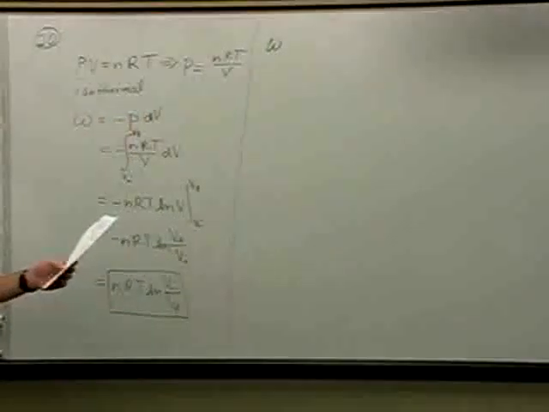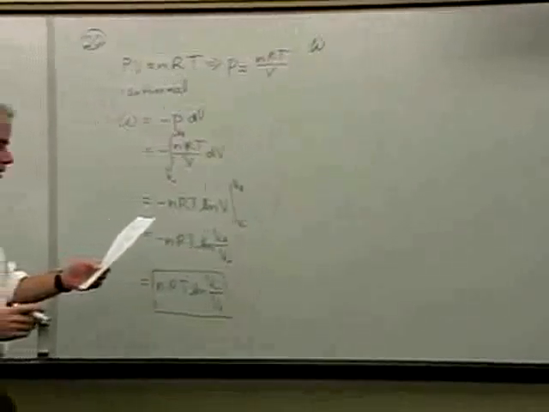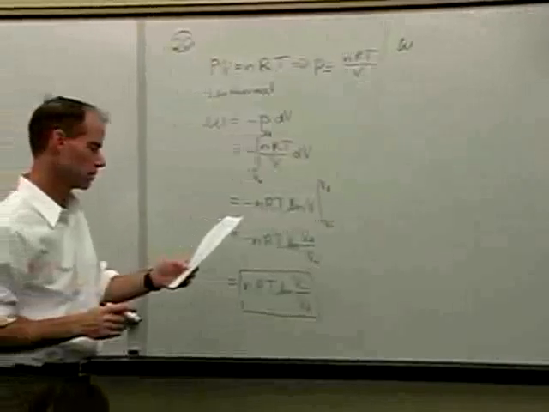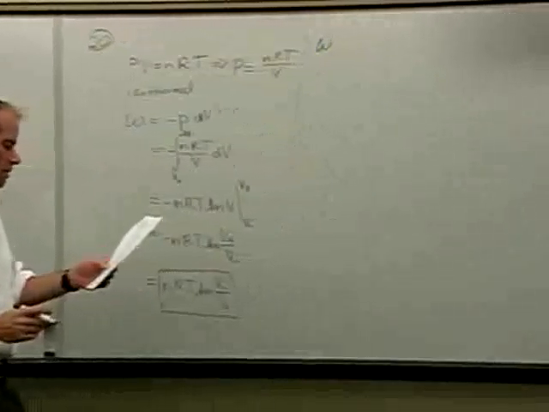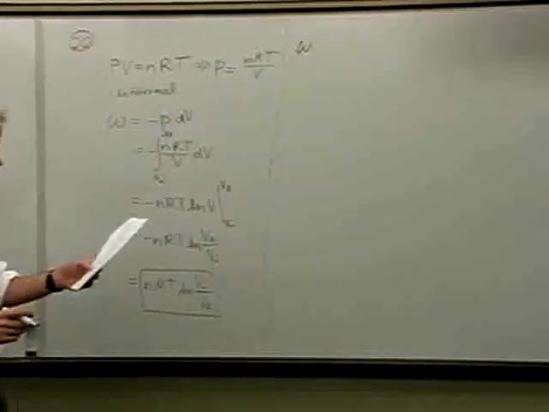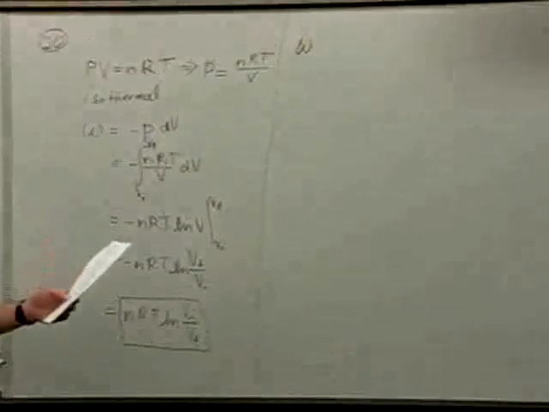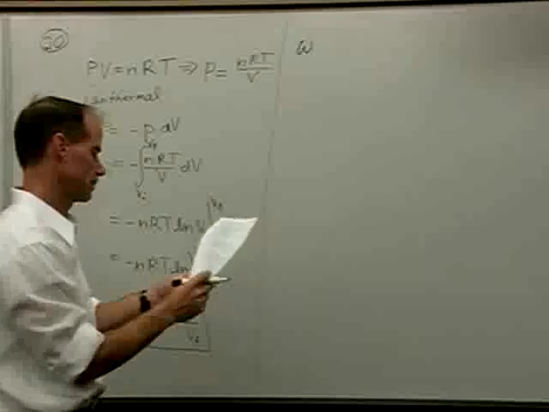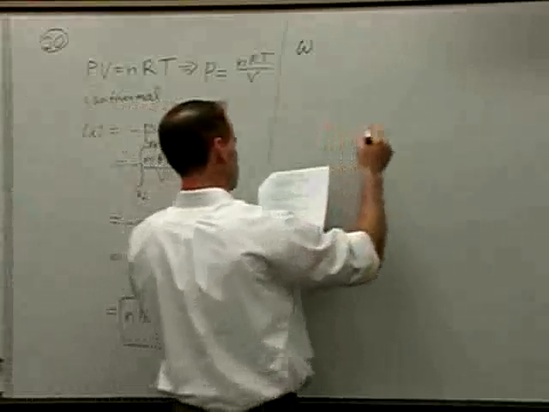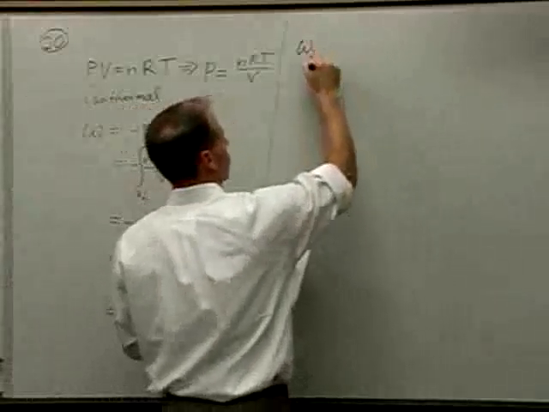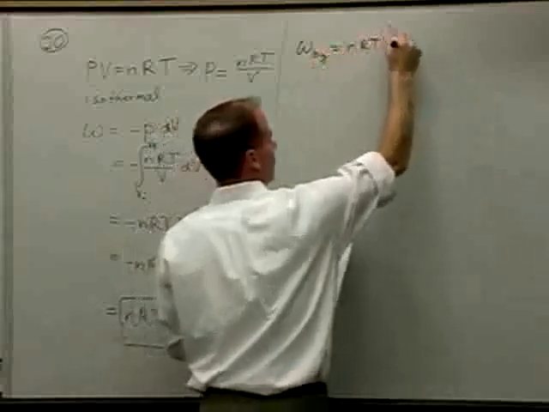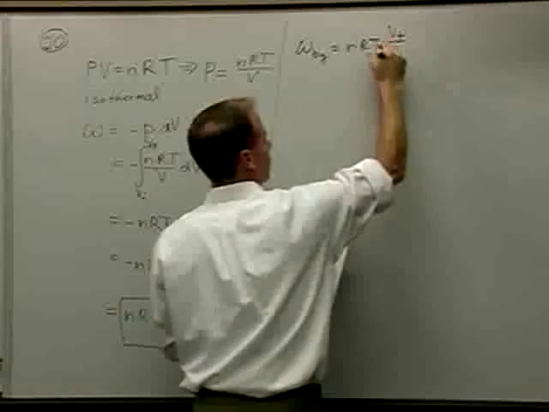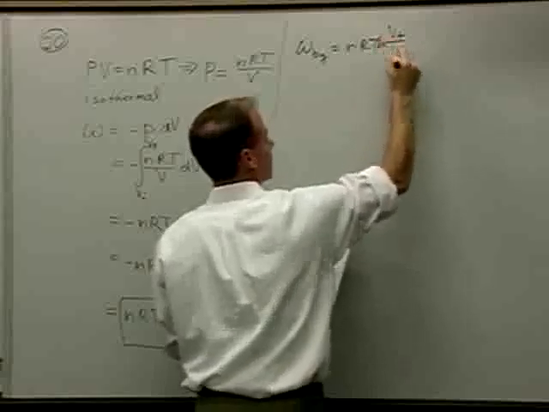Now that would be the work by the system. So work by the system will equal nRT, natural log of V final over V initial.